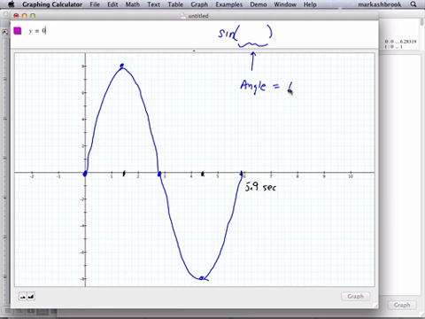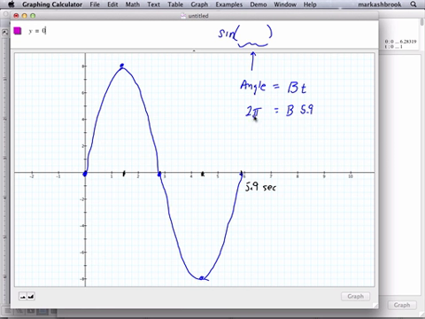So that will look like this, right? So that angle will look like b of t. So the question is, what is this coefficient b? We have some information we can solve for b. We know that at 5.9 seconds, what angle should we be at? 1 rotation, right?